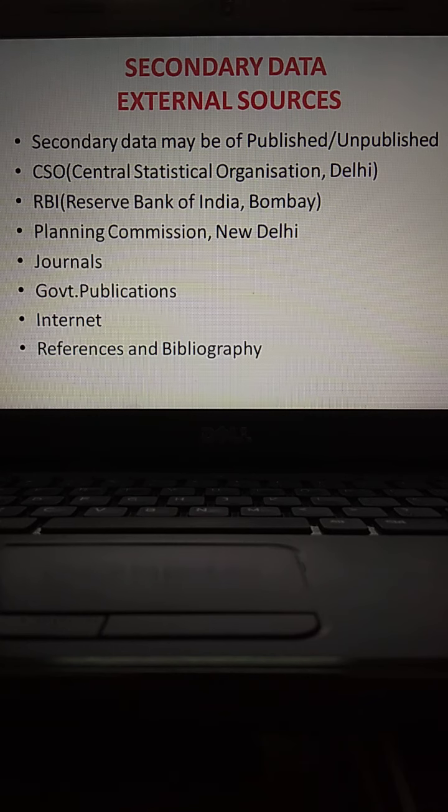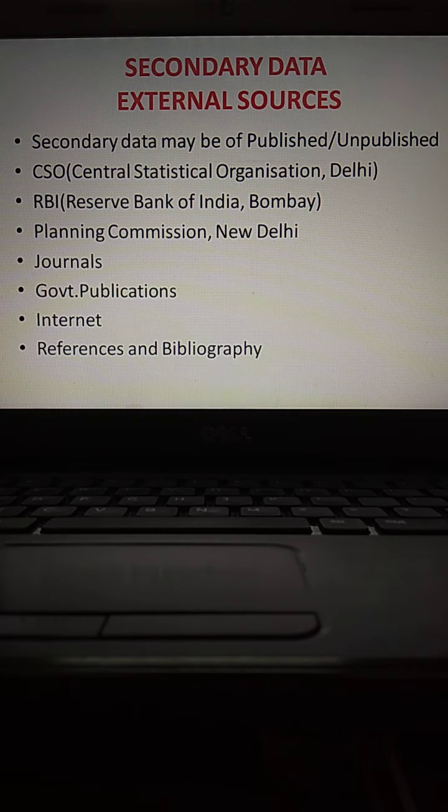And RBI, Reserve Bank of India, also produces bi-monthly or year-wise records, through which the entire banking sector gets various kinds of directions. Planning Commission, journals, government publications, the internet, references, bibliographies, all this comes under the secondary data. All this data is already collected by somebody else for some other purpose. Whenever necessity arises, you make use of this data.